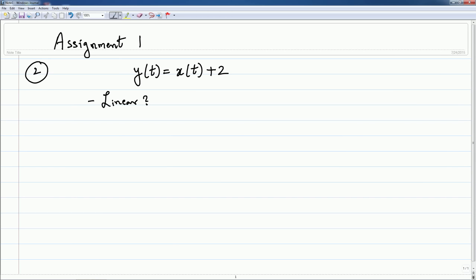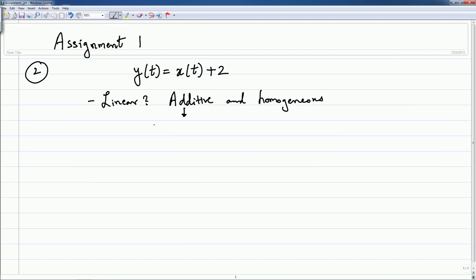So what is the mathematical definition of linearity? For linearity, you have to check for two properties. First is additivity and homogeneity. What is additive?